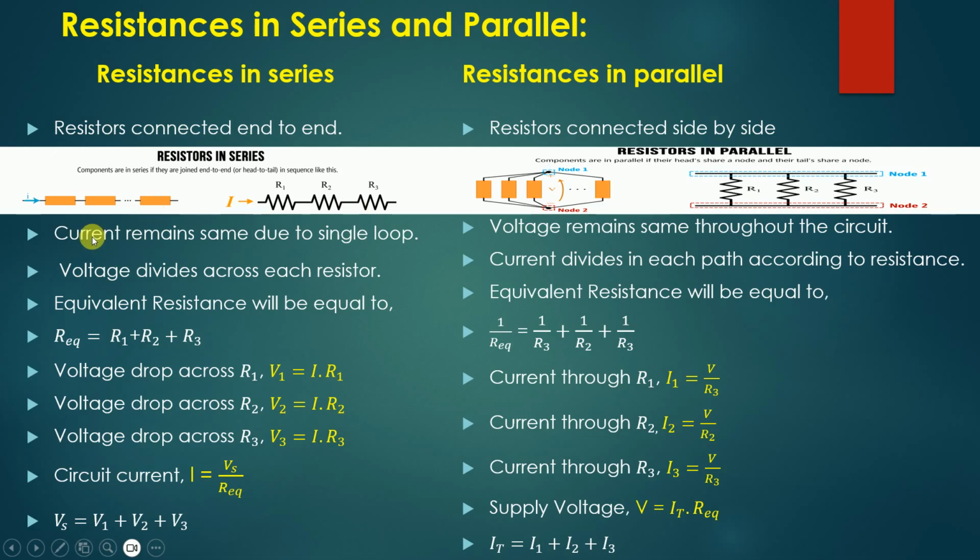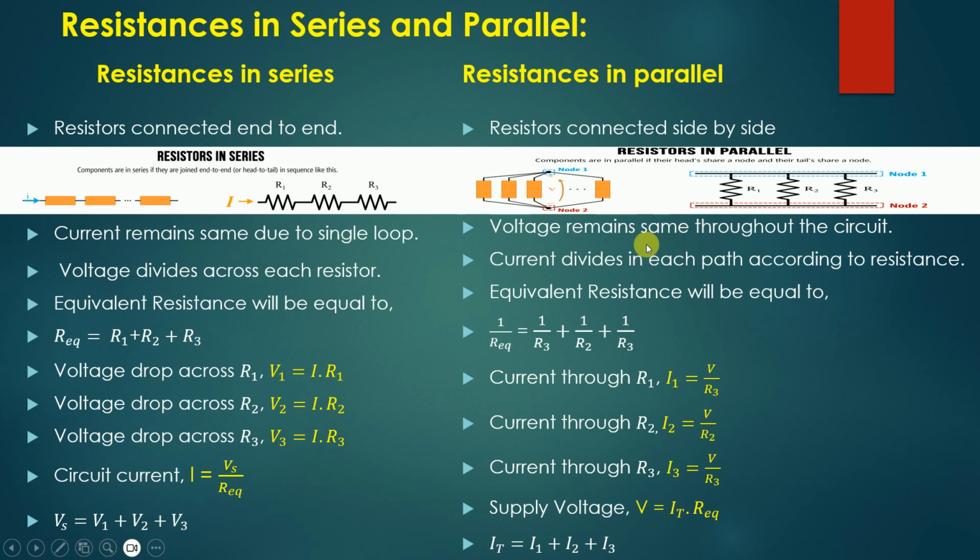The second point, as we have studied earlier, is that in a series circuit the current remains the same due to the single loop, because there is only one path, so the current throughout the circuit will remain the same. Similarly, in a parallel circuit the voltage remains the same throughout the circuit, because there are a number of paths for the current to flow.